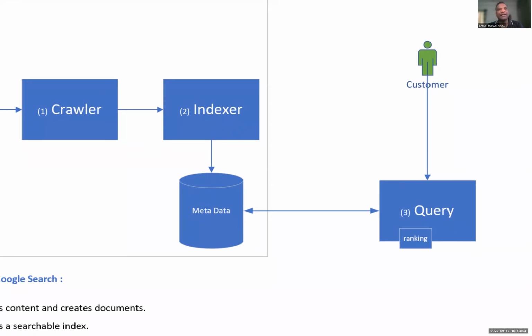If there are two pages, let's say abc.com and xyz.com, both having the same message "hello, how are you", which web page do I need to show first? Maybe based on the freshness of the page. If abc.com has been updated recently, we need to show abc at the top, and after that xyz, right? So that's the kind of ranking algorithm, or the number of words. A lot of permutations and combinations are involved in identifying the ranking of a particular web page.